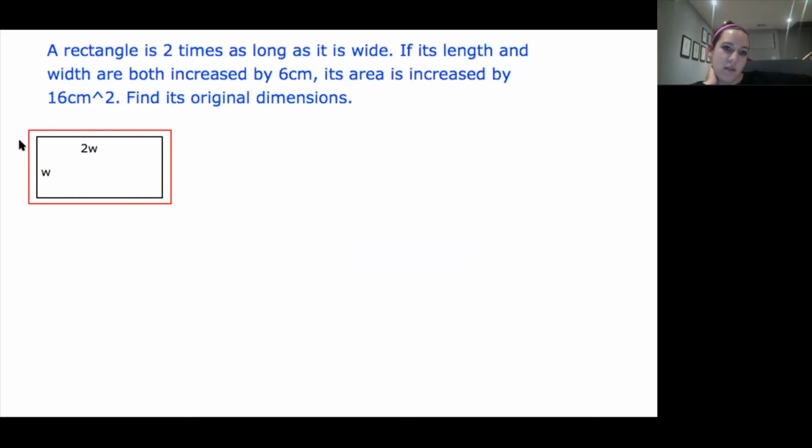I like those labels. W minus 6. Perfect. Very good.